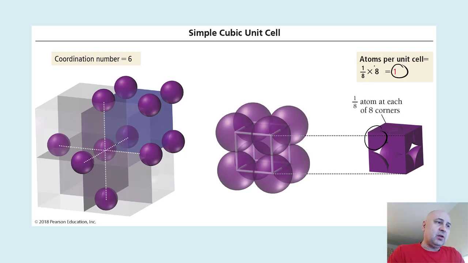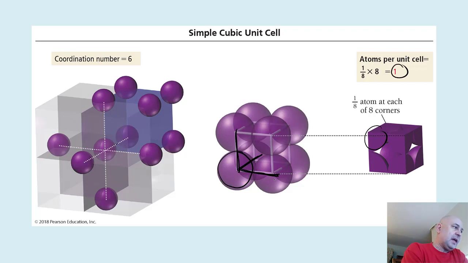And it's a little more difficult to see how many atoms are connected to each other here. If we're looking at this atom here, we can see there's one to the right, one above, and one in the back. But you have to remember that we have also cells connected to each other.